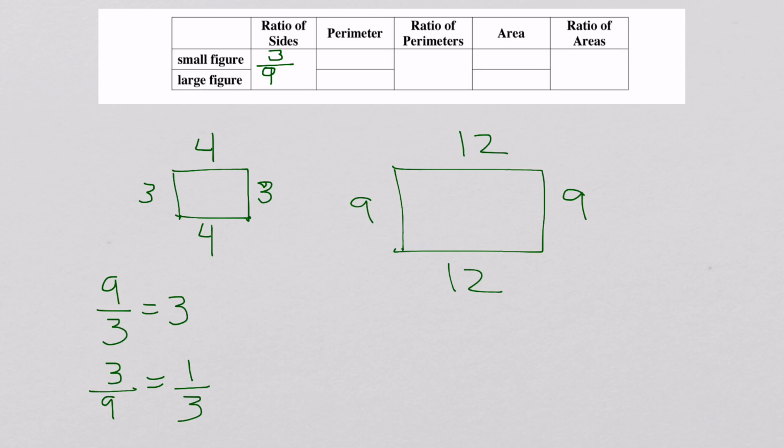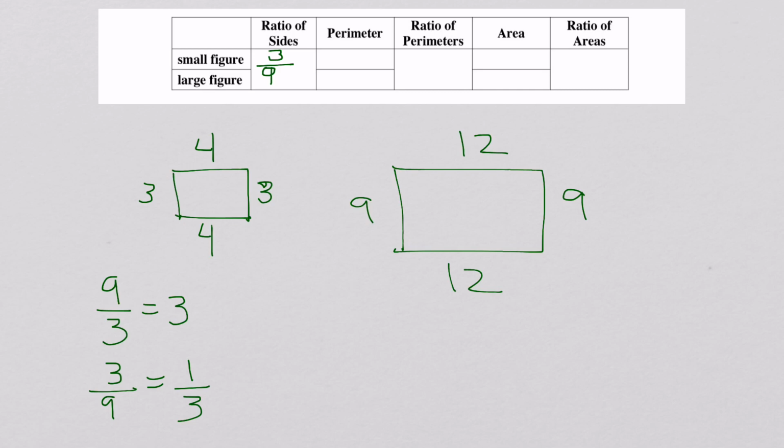Let's take a look at the perimeters now. Now, hopefully I won't have to review perimeter. I believe it's pretty straightforward. I think you've covered it a lot in elementary and middle schools. But just a quick recap, just in case. Perimeter means adding all the sides together.